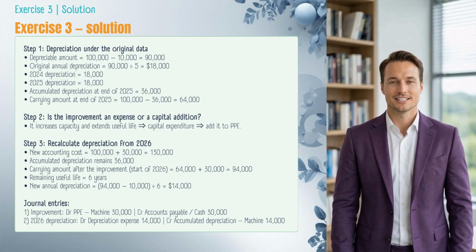That means it is added to PP&E. From the start of the new year, we recalculate depreciation using the updated carrying amount and the revised remaining useful life, while keeping the residual value unchanged. Then we record 2 journal entries, one for the improvement itself and one for the new year's depreciation.